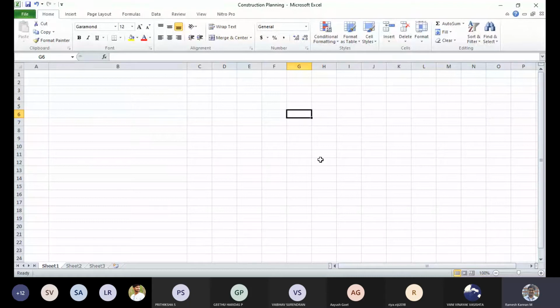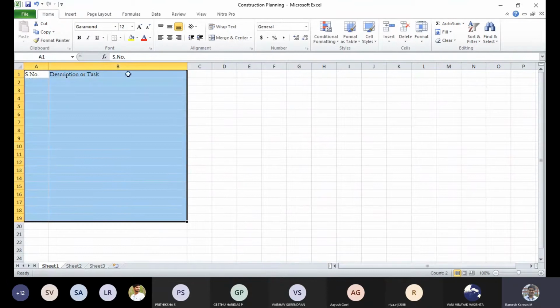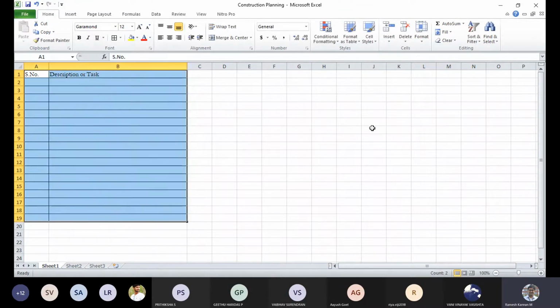aspects of planning. And to do so, I've opened an Excel sheet. Like say, for example, we are planning for construction of the residential building or some construction project. Okay, so what you generally do is you list down various activities.